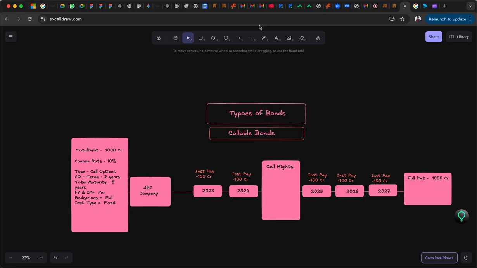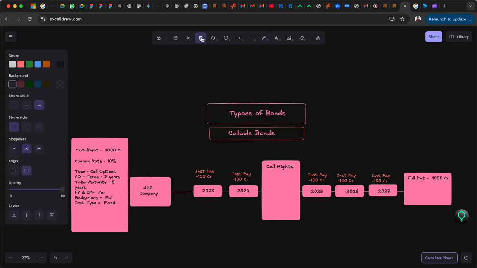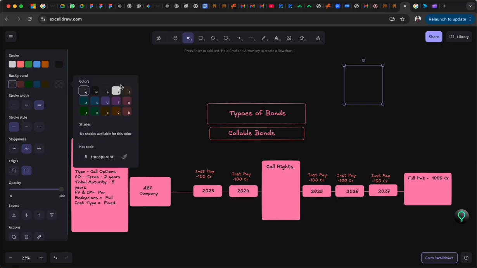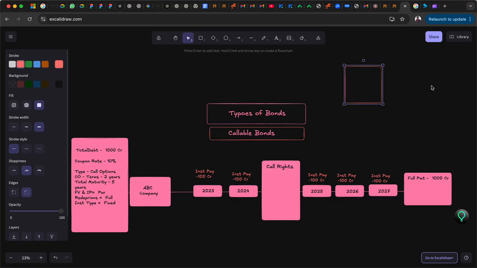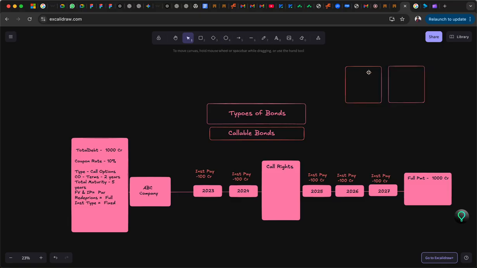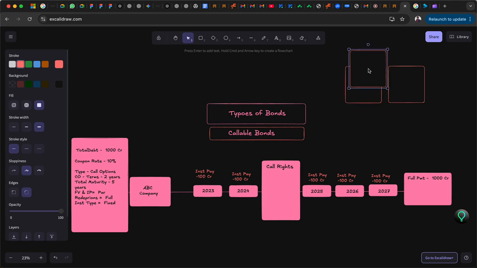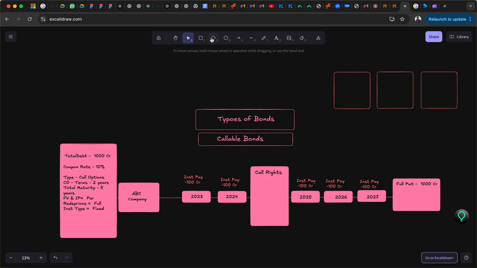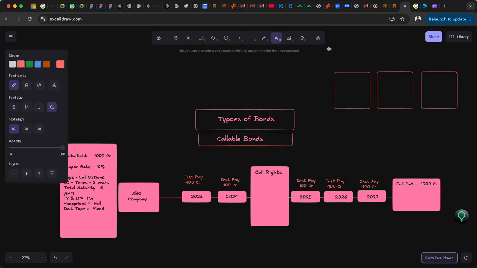So let's say this is a market screen, interest rate.